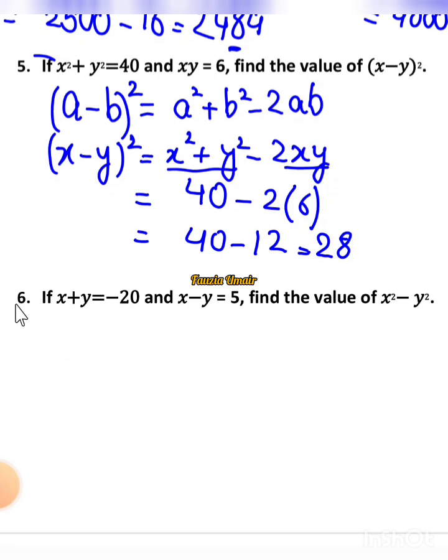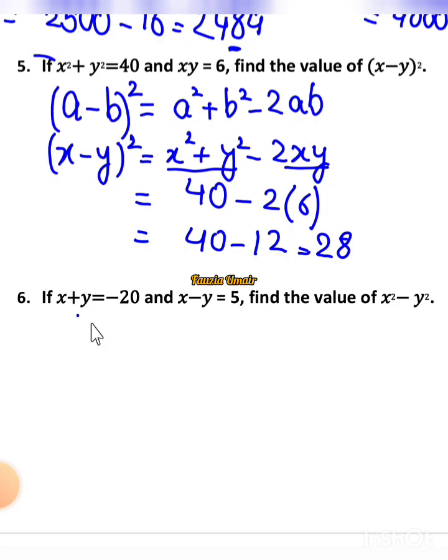So moving on to question number 6. If x plus y is minus 20 and x minus y is 5, find the value of x square minus y square. So from this you are getting a hint that this is the formula of a square minus b square.